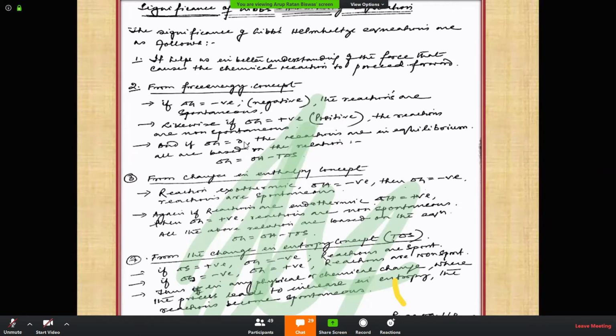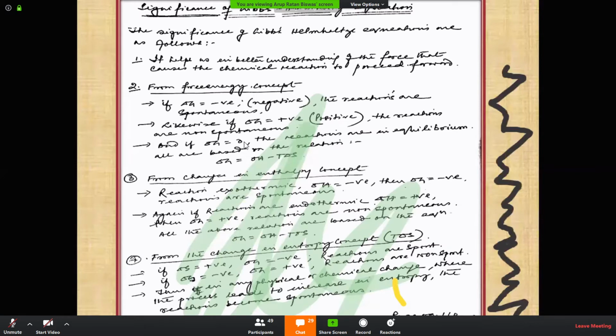They can ask you this question directly. As you know, G equals H minus TS. So there will be questions from the free energy concept, the free energy change in the enthalpy concept, and from the change in entropy also. So this is very important. Please go through this portion given in the book.